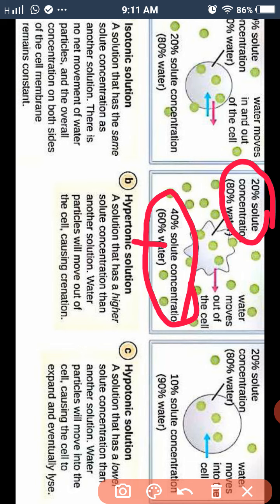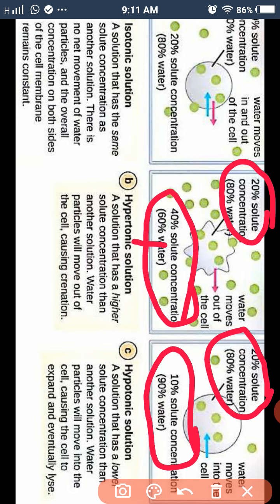Hypotonic means low solute concentration and high water concentration. A solution that has lower solute concentration and higher water concentration than the other solution, the water particles will move into the cell. You can see in the diagram, inside the cell there is 20% solute and 80% water, but outside the cell it is 10% solute and 90% water, and this is a hypotonic solution because it has less solute and more water.